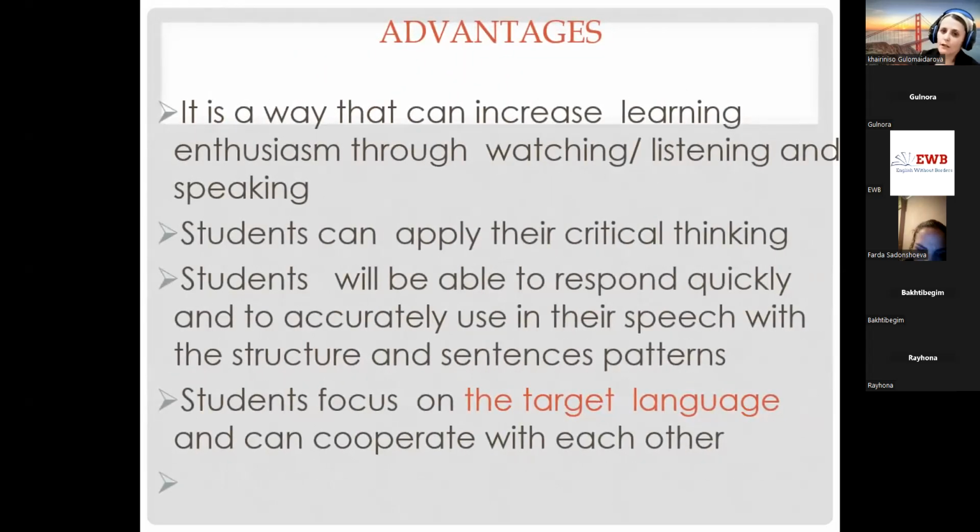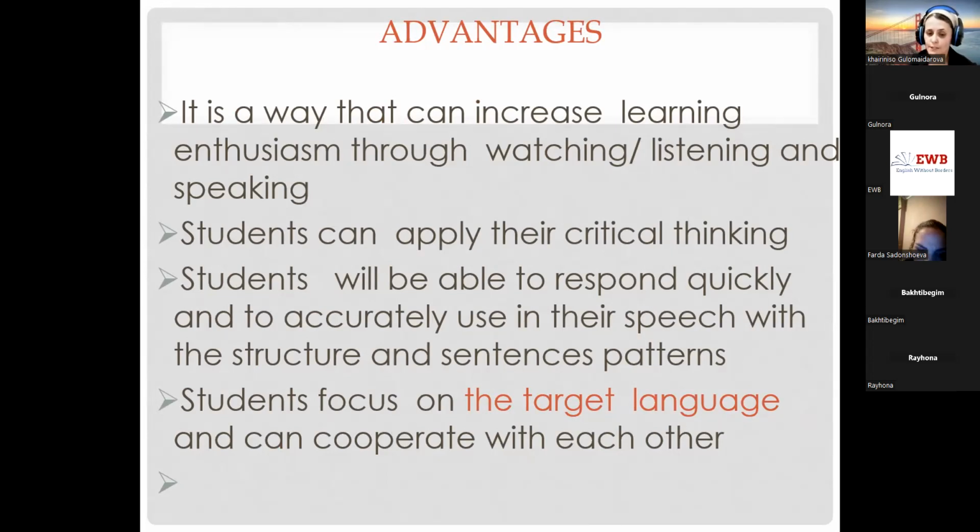So why should we use it? What is the advantage of using this way? It can increase learning enthusiasm through watching, listening and speaking. For example, straight away when you provide a context for your students, they look at it. It should be interesting for them.